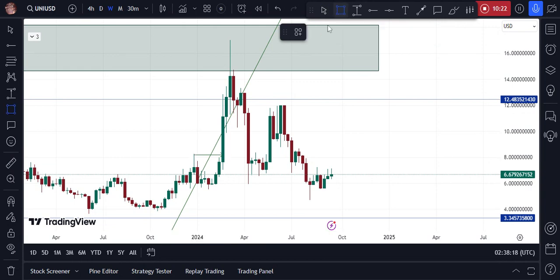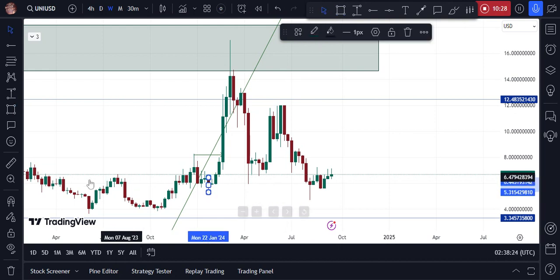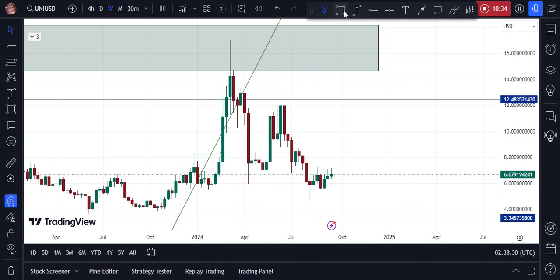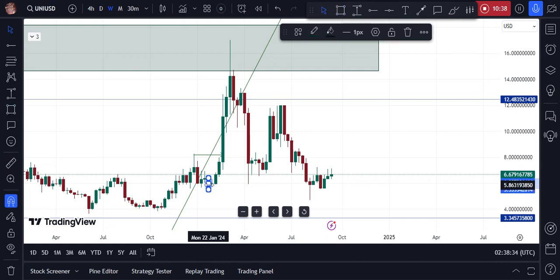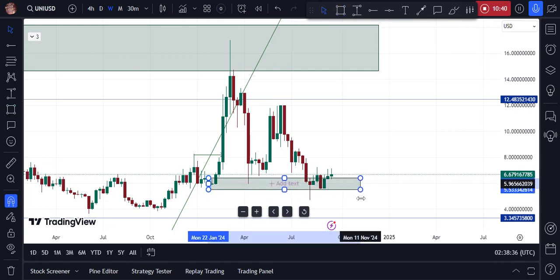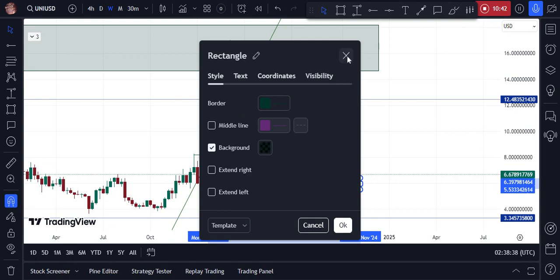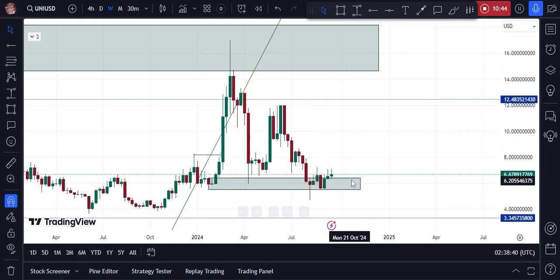Looking at this, you now have to spot your engulfing candle. Very important. The next thing to do is to spot your engulfing candle, and then you draw out the area. I don't know if you can see it.